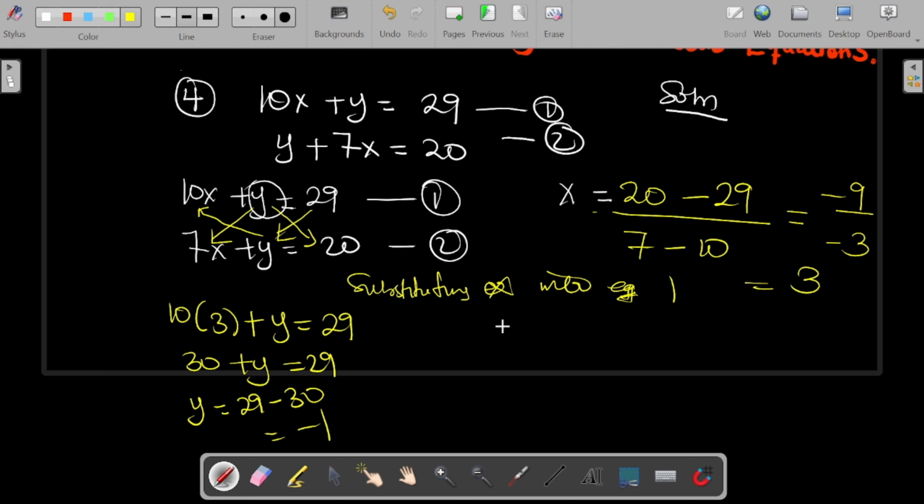It means that our value of x and y is 3 and negative 1 respectively, right?